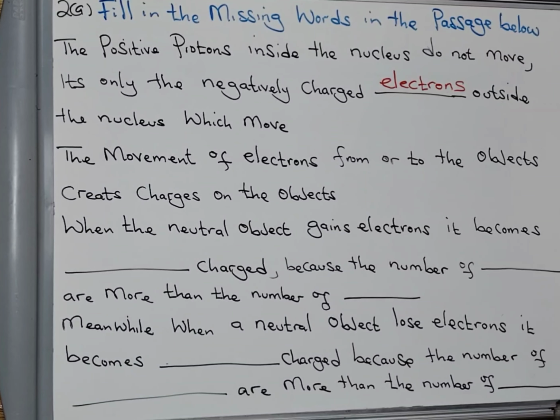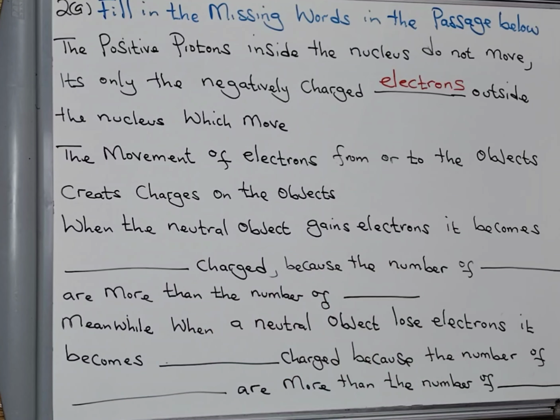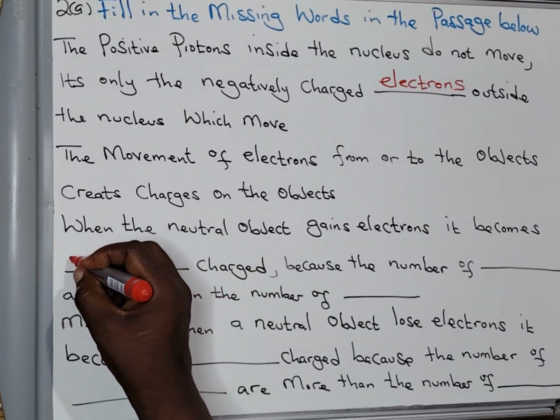You have to know that electrons are negatively charged. So if you add electrons to a neutral object, what does that mean? That you have more electrons than protons, and the object becomes negatively charged. So when the neutral object gains electrons, it becomes negatively charged.